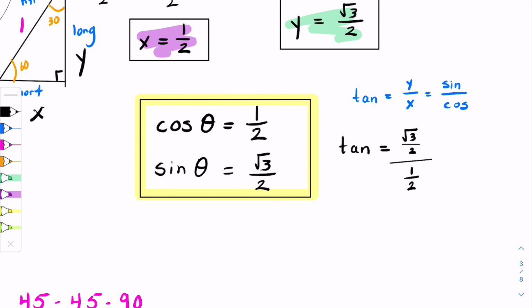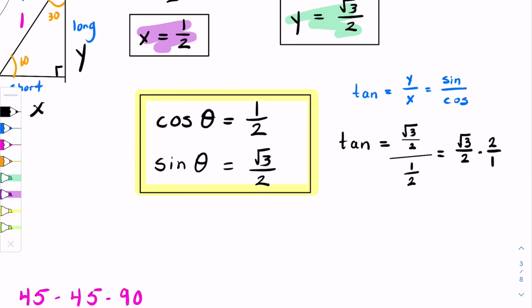Remember, when you're dividing fractions, you can multiply by the reciprocal to give you the same answer. So instead of dividing square root of 3 over 2 by 1/2, we are going to do square root of 3 over 2 times 2 over 1. I flipped the second fraction. I am multiplying by the reciprocal.